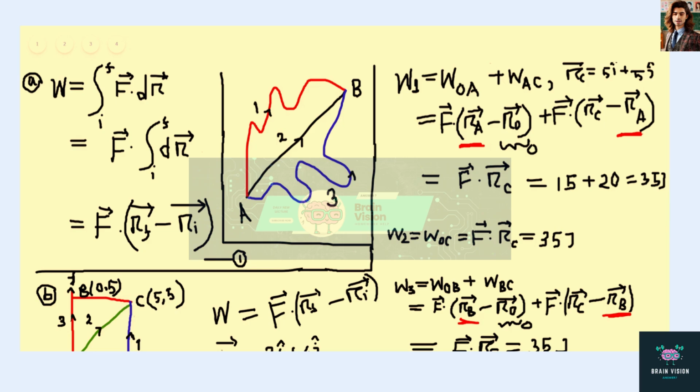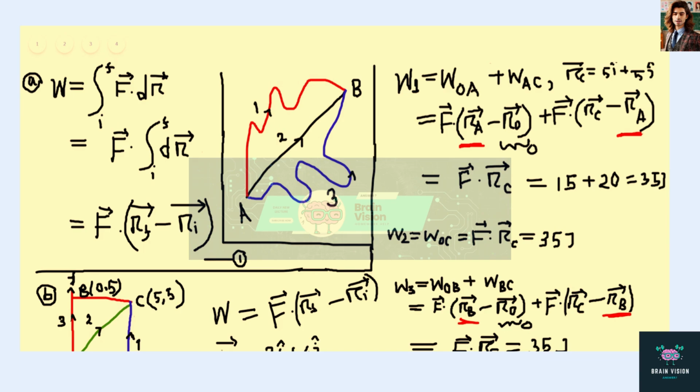Along the green path, W is equal to WOC, where I already showed that RO is 0, so we will have only F dot RC, which is 35 joule. J is joule, the unit of work done.